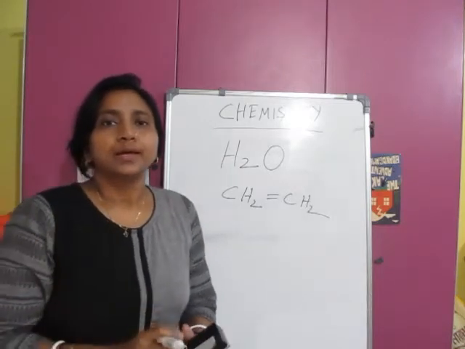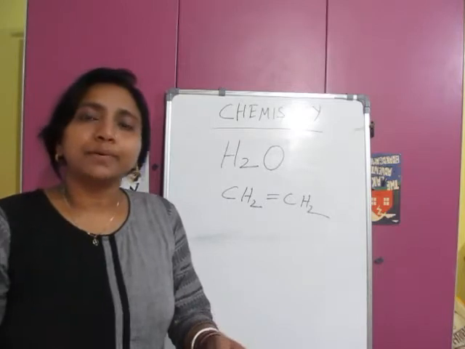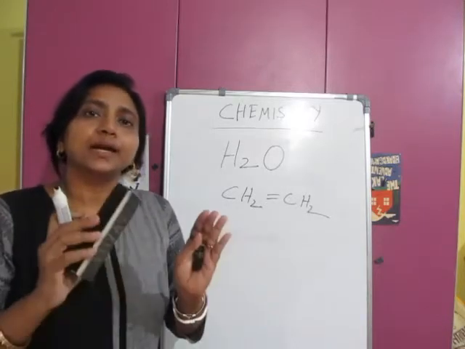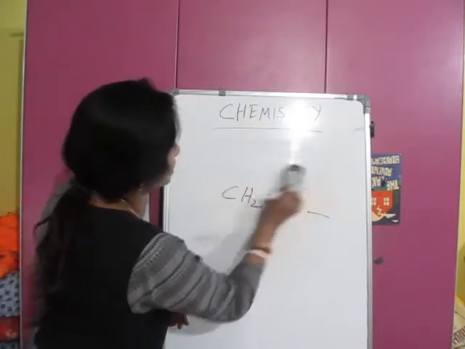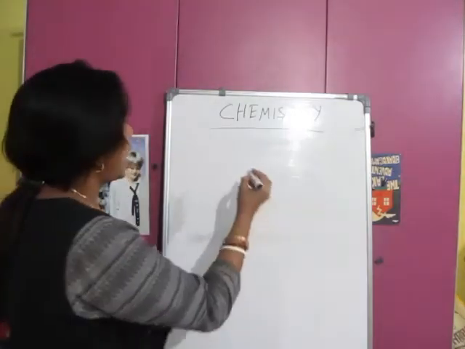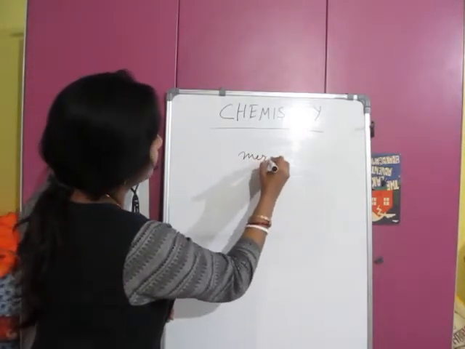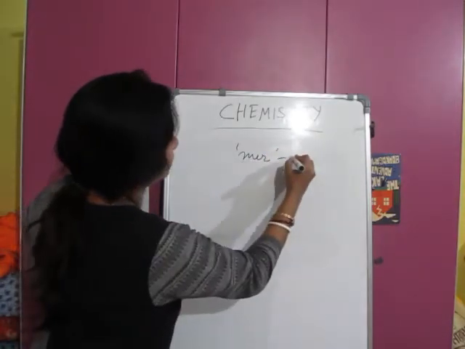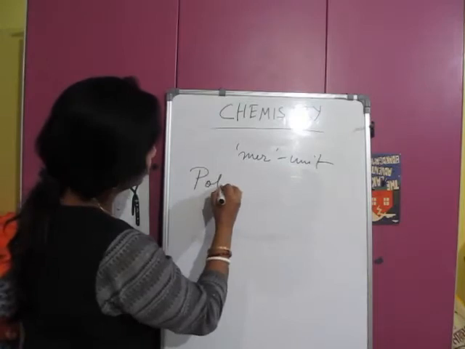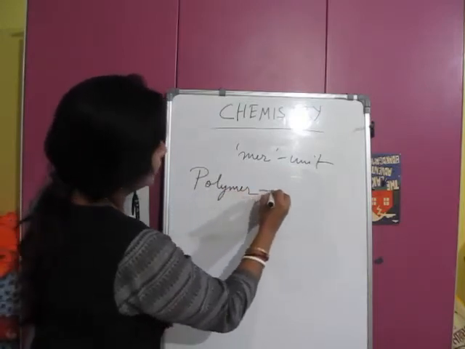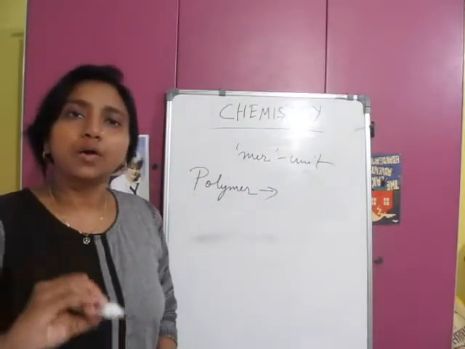Now, what is the polymer? In a polymer, there will be a repetition of the unit. So poly means multiple and mer means unit. So polymer is the repetition of the unit.